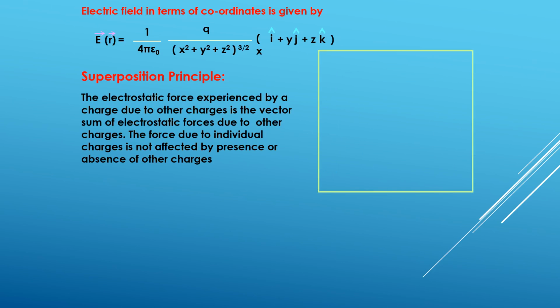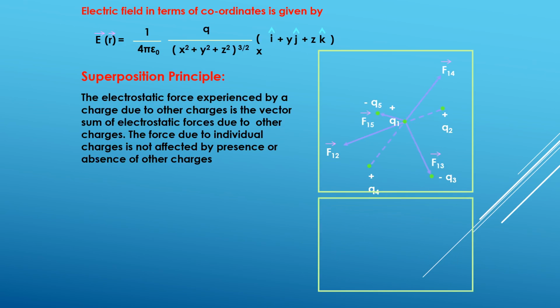Suppose that we have a number of charges q1, q2, q3, q4, q5. q1, q2 are positive, q3, q5 are negative, q4 is positive. If we have to find the net force on charge q1 due to q2, q3, q4, q5, then what will be the net force?